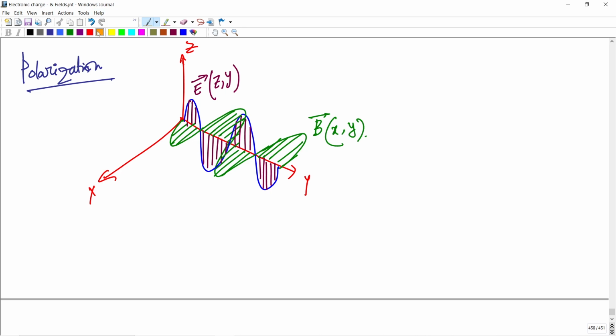So when we discuss polarization, we must know that light is an electromagnetic wave. Suppose we extend this plane along y.